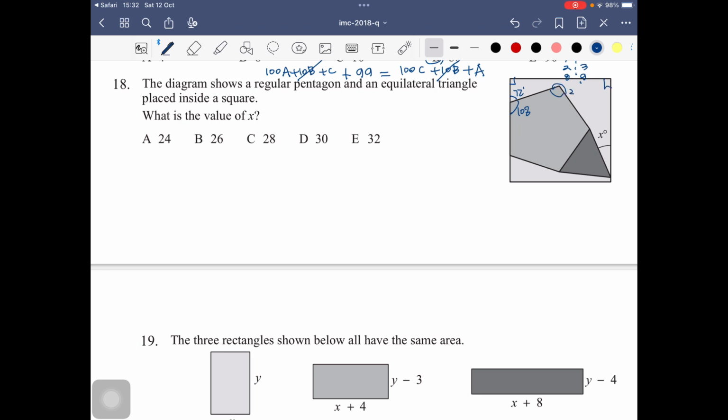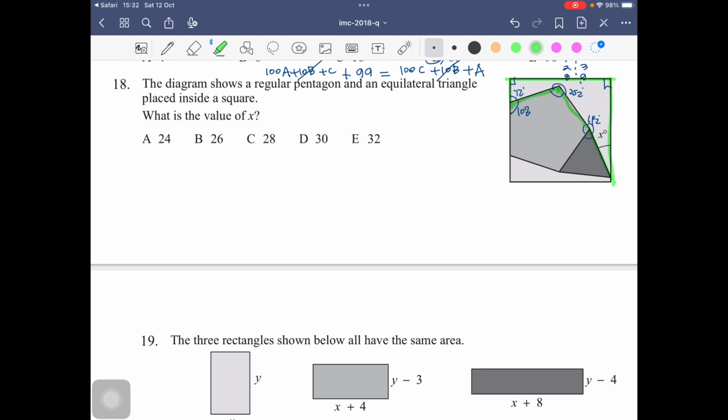This is 2, 5, 2 to make it 360. And this is 102 and this is 60, which means this is 192. So let's say this is 1, 2, 3, 4, 5, 6.